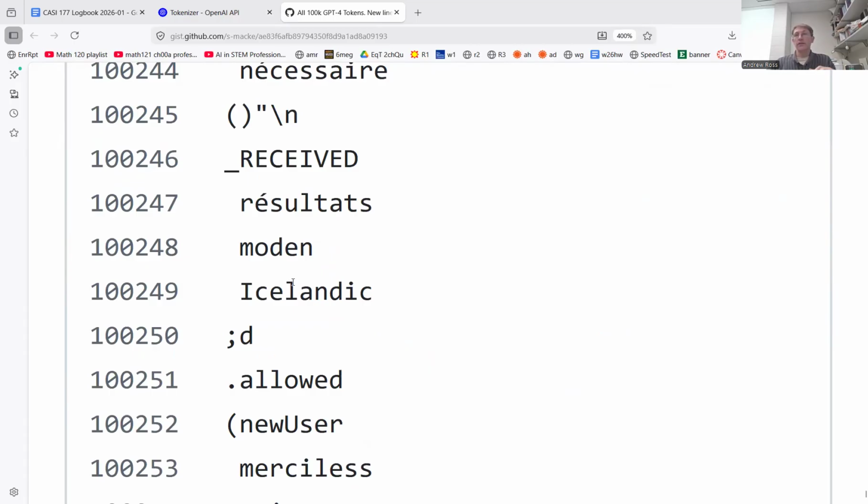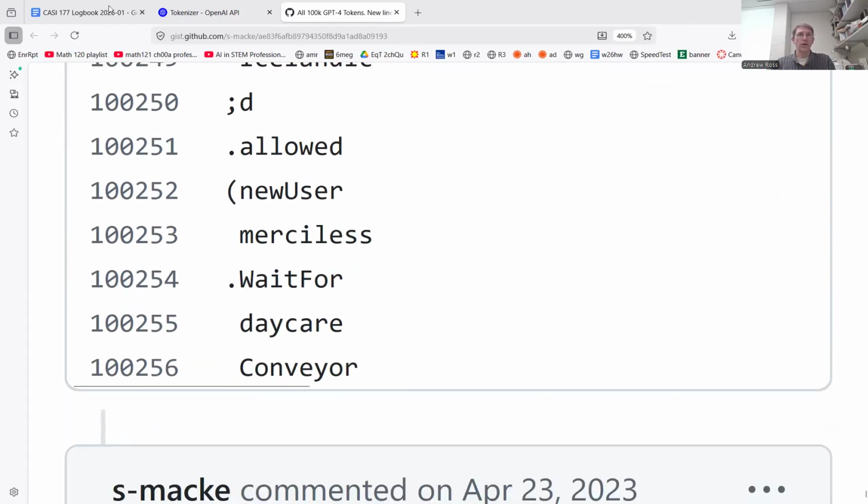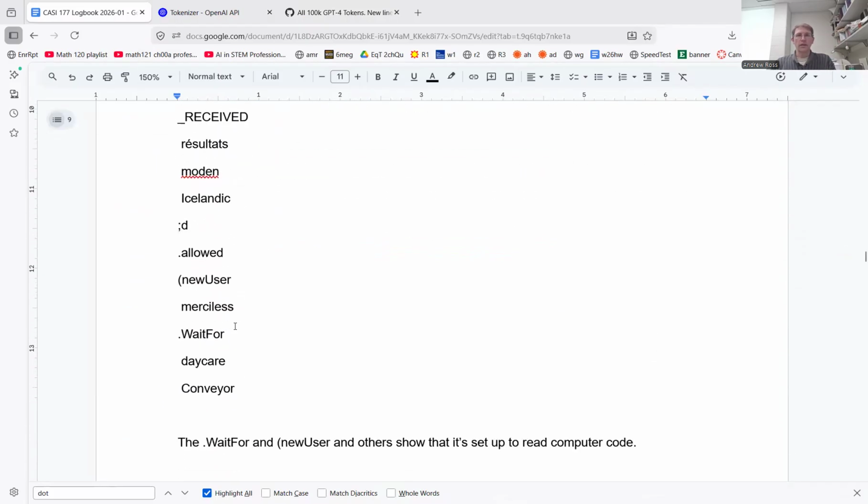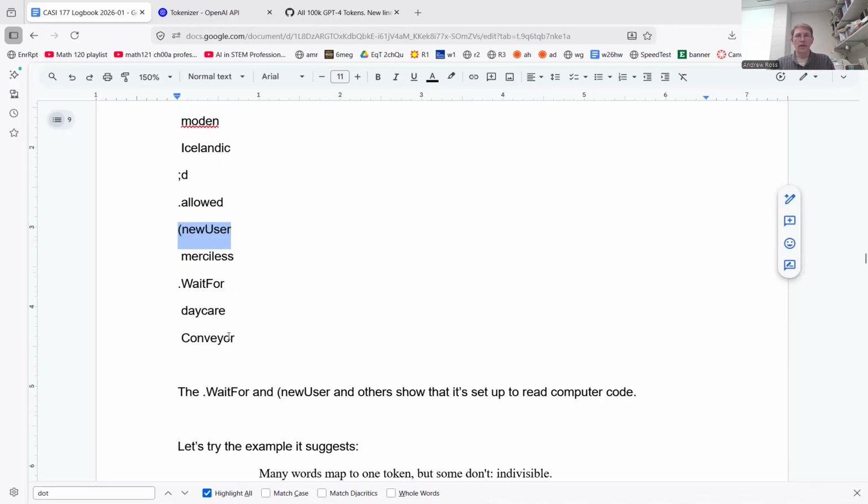We see words like Icelandic, sounds good to me, but also things with parentheses and semicolons that dot wait for. And those are telling me that it's set up to read computer code. Those are the kind of things that you would see in computer code reasonably often.